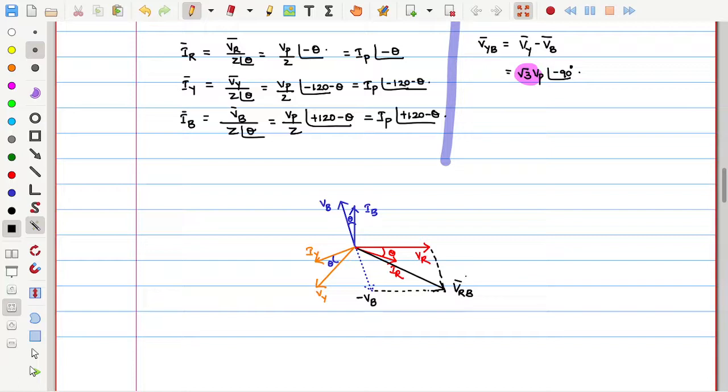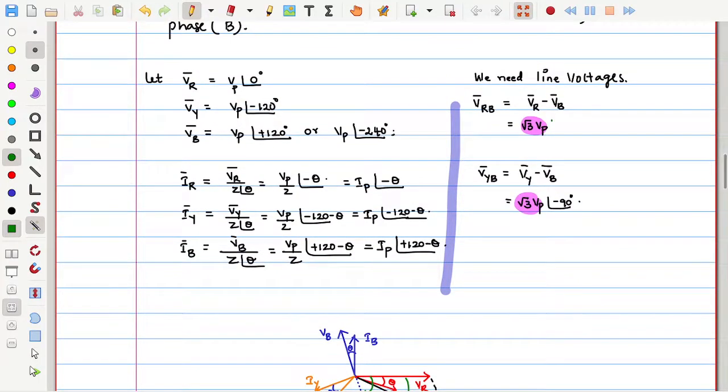And if you observe carefully, the R to Y angle is 120 degrees. That is split into half, this is 60 degrees, and half of that is what we are making, so this is 30 degrees. So here I will actually get negative 30. Actually, it should be RY.